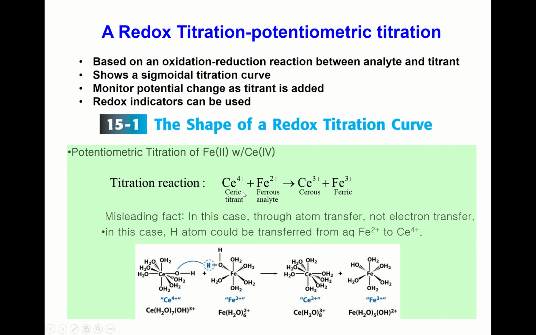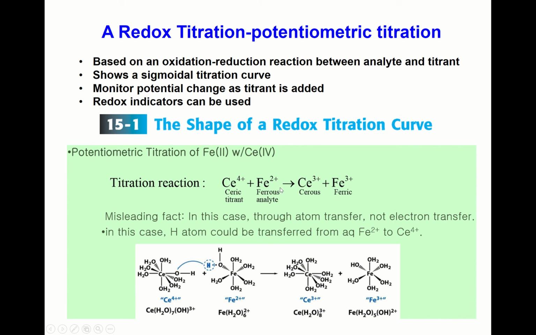Now you want to analyze this ferrous ion concentration using a redox titration. This is quite a simple example. One electron is involved in this reaction.